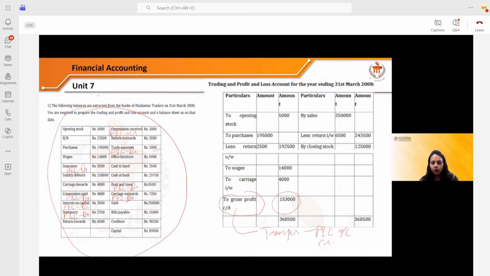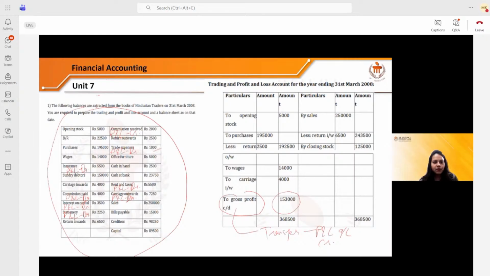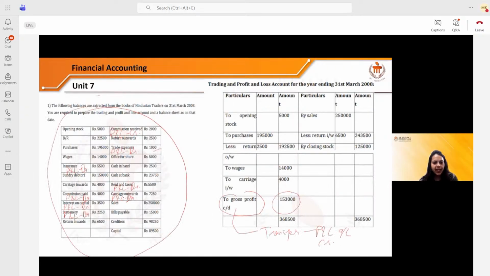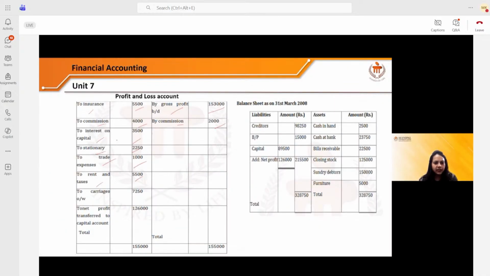Trade expenses 1,000. Rent and tax 5,500, debit side. Carriage outward, debit side 7,250.